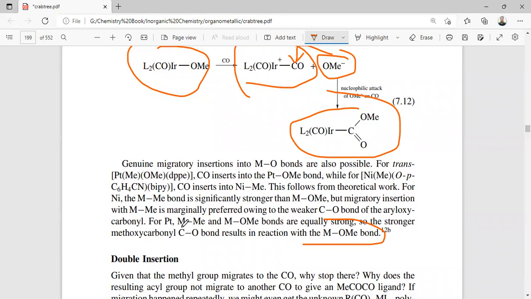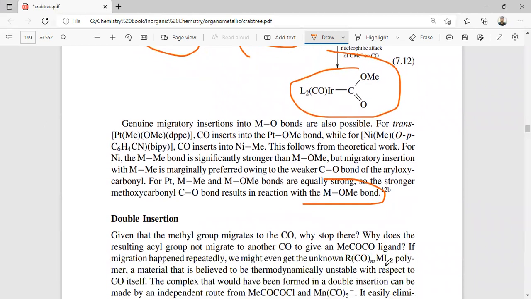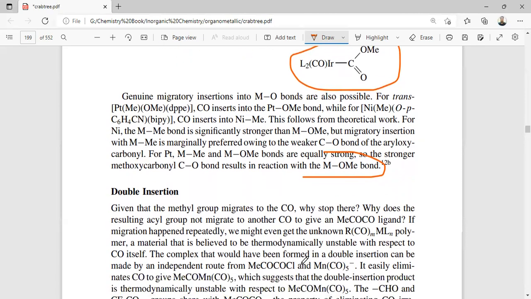Given that the methyl groups migrate to the CO and stop there, why does the resulting acyl group not migrate to another CO to keep the CO ligand? If migratory insertion happened rapidly, we might even get the unknown Re(COMe)n polymer, a material that is believed to be thermodynamically unstable with respect to CO itself.